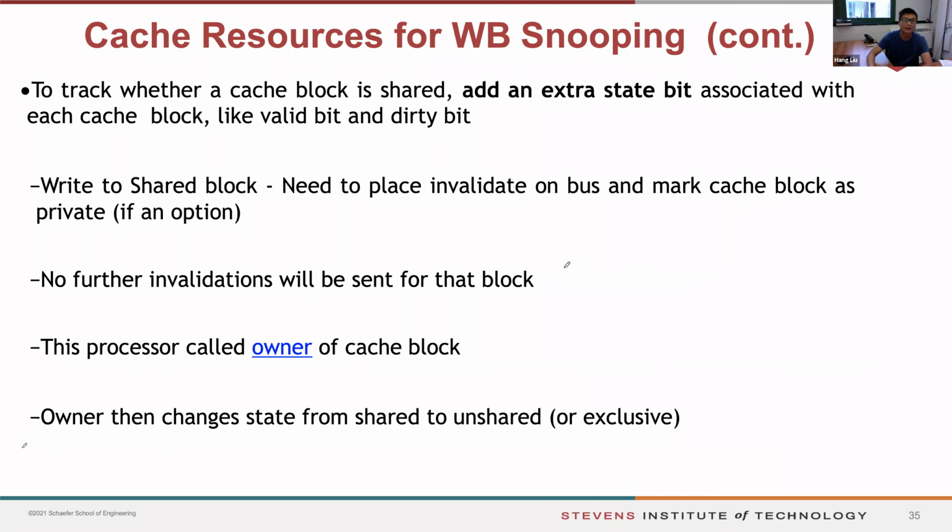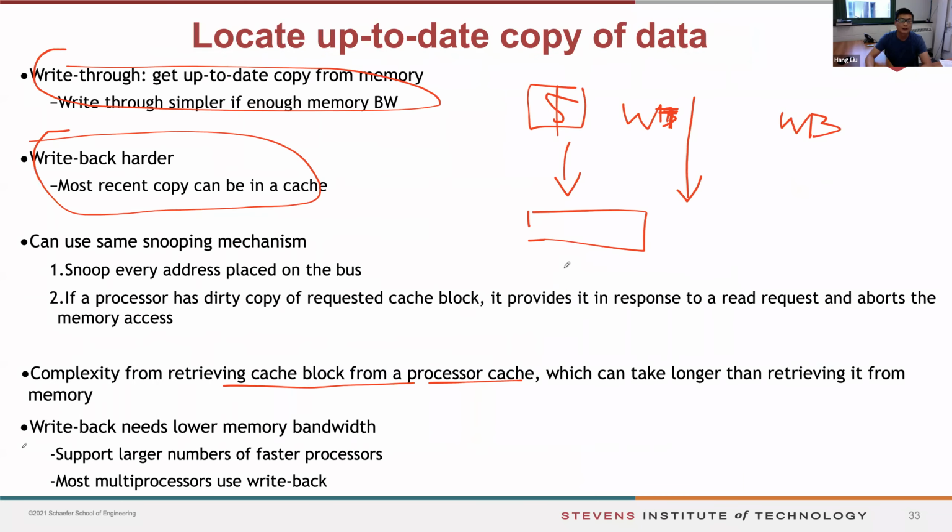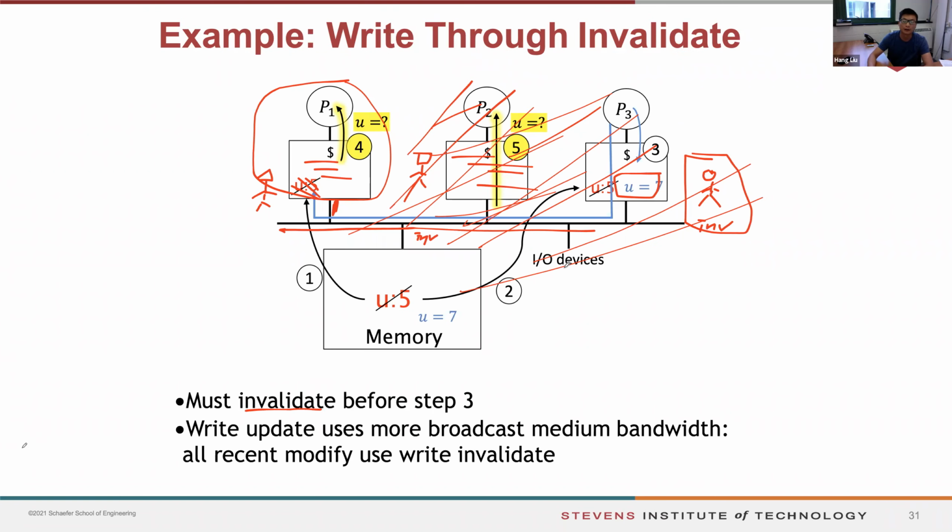So taking all of them together, this tells you two kinds of cache protocols, one write through, one write back. And it tells you how the snooping protocol works. You can think of it as an active participant, like processor 3 for event 3, or you can think you are a passive participant, like processor 1 and processor 2.